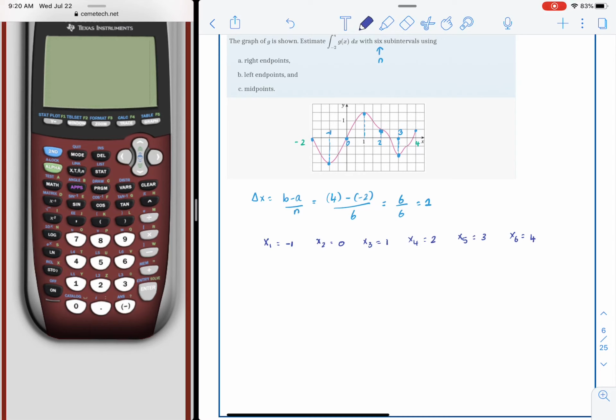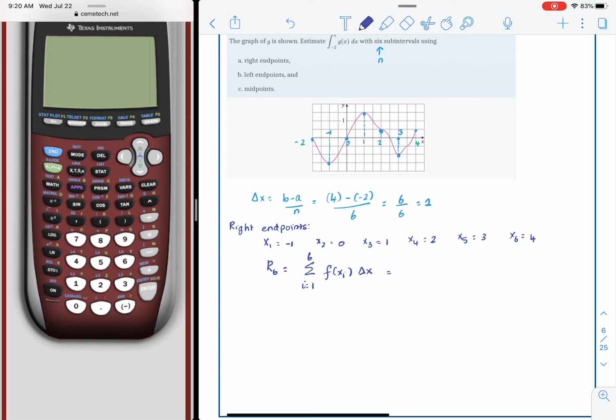And what does the Riemann sum state? The right sum here, R6, would simply equal the sum from i equals 1 to 6 of f of xi multiplied by delta x.